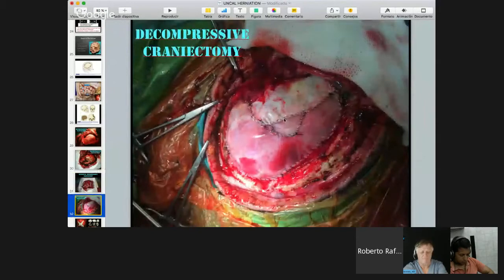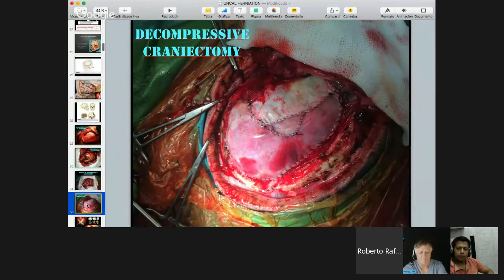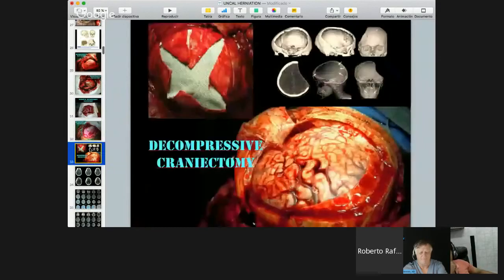And this is the closure of the dura mater with some patches, with plastic. And we prefer the star shape to open the dura mater here.